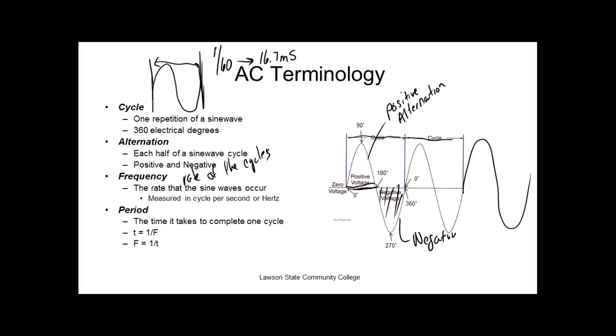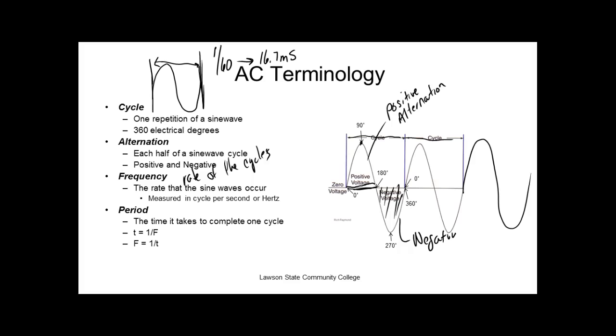Because it's constantly changing, 60 times a second. This alternation right here would only last 8.3 milliseconds. How long would it be at peak right there? That's something we just can't even understand. It's only there for no time before it swaps and heads back down.